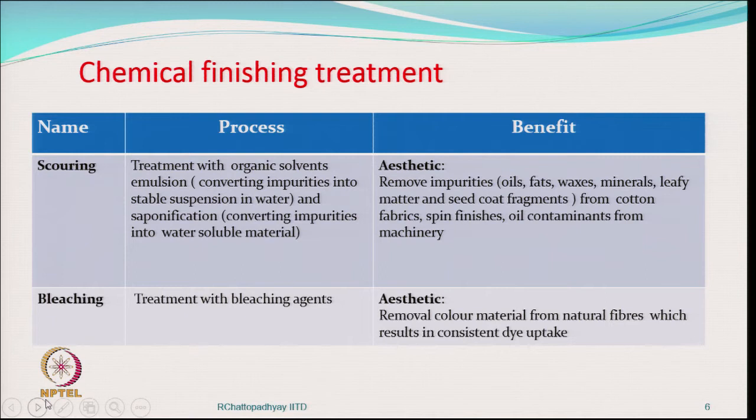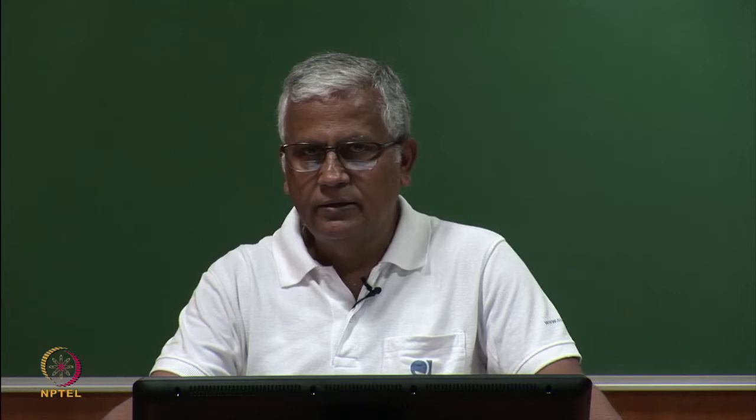Then comes bleaching. Bleaching basically means to remove any color which may be there. So, as a result, removal of colored material from natural fibers will give you a very consistent dye uptake. Most of the cotton fabrics will always be bleached before they are actually taken for dyeing.